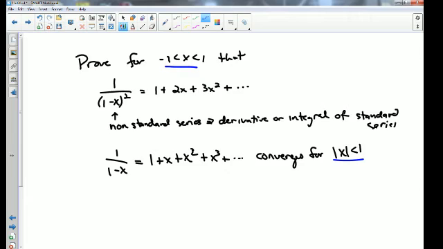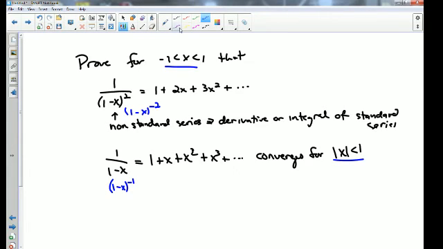So how can I get from here to there? Well, the bottom needs to be squared, right? What if I write it like this? Can you get from here to here? That's a derivative, right?